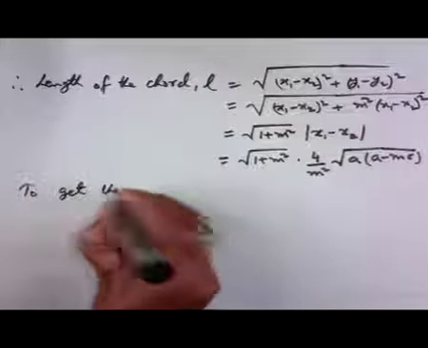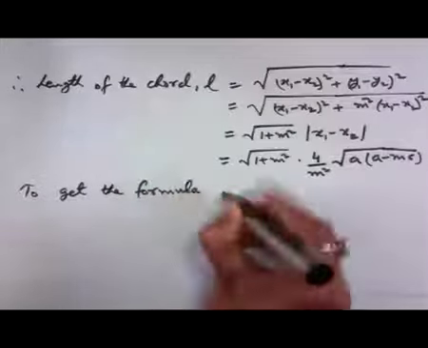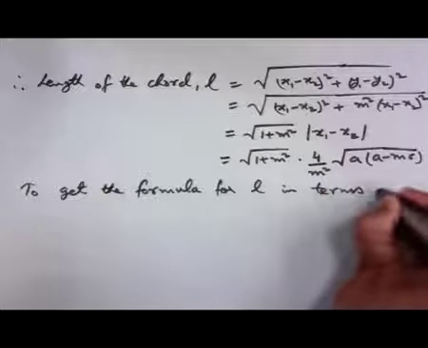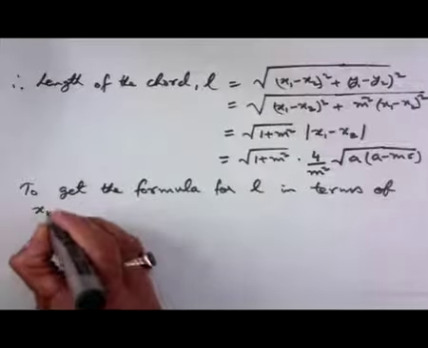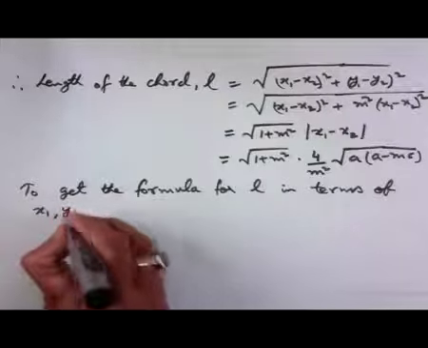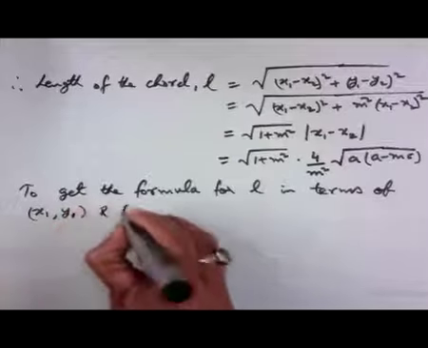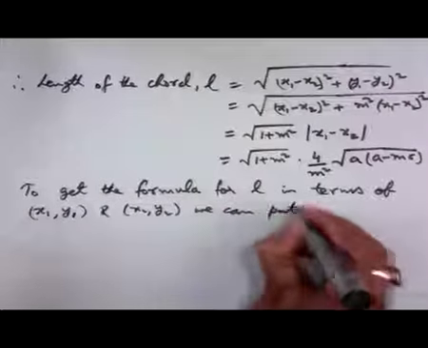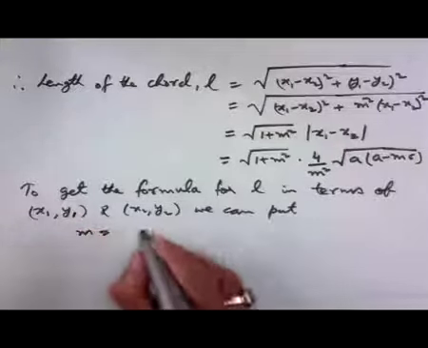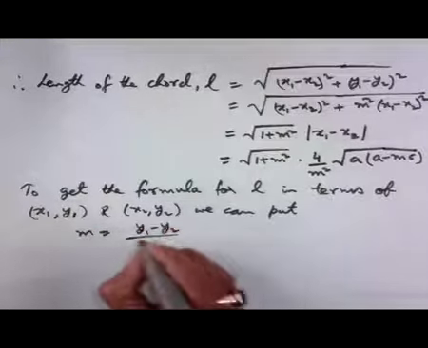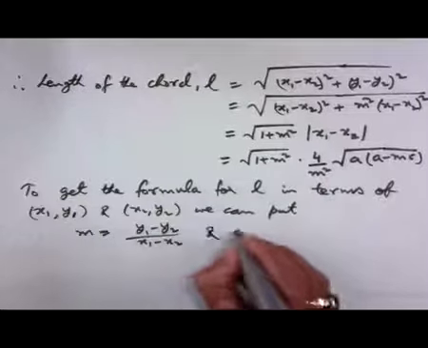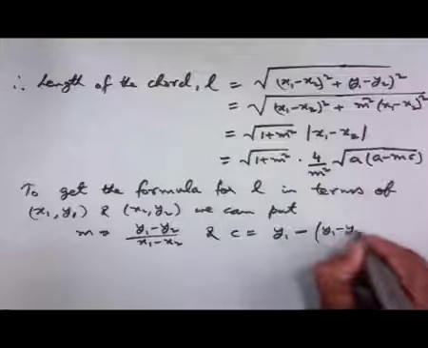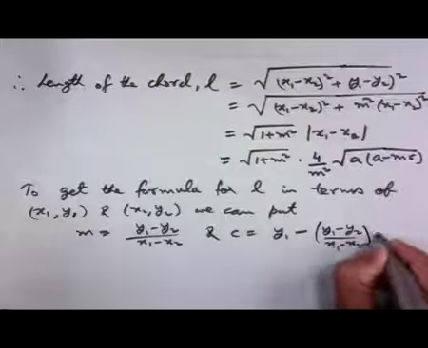To get the formula for L in terms of x 1 y 1 and x 2 y 2, we can put m equal to y 1 minus y 2 by x 1 minus x 2 and c is equal to y 1 minus y 2 by x 1 minus x 2 times x 1.